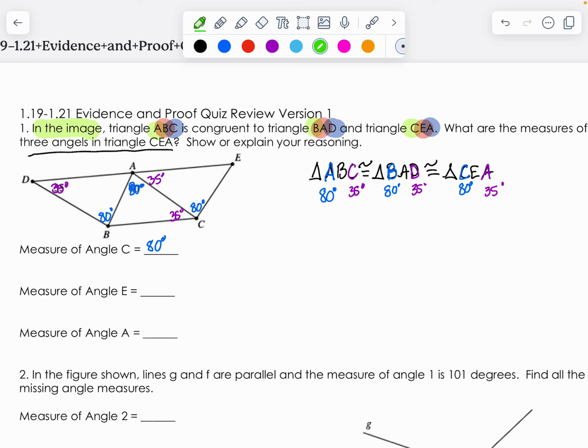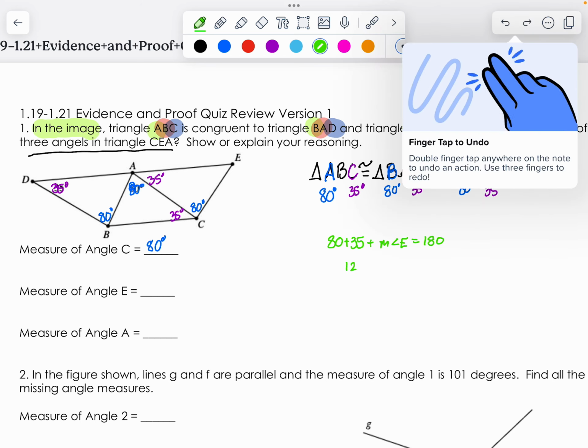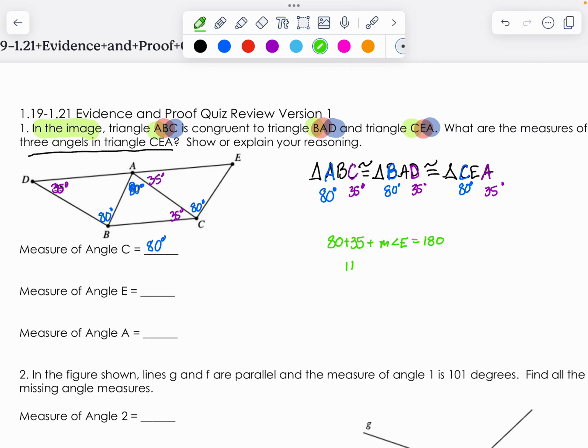And then lastly, we have to use the triangle sum theorem. We have 80 plus 35 plus angle E, because that's what we need to find. The measure of angle E equals 180. We get 115 plus the measure of angle E equals 180.